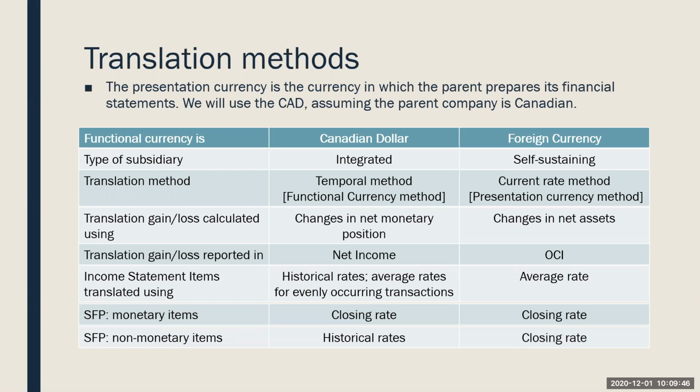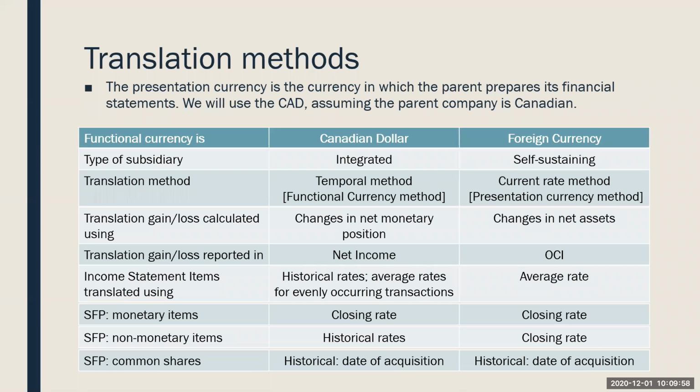And non-monetary items are translated using historical rates under the temporal method, closing rate under the current rate method. Common shares are translated using the historical rate on the date of acquisition under both methods.